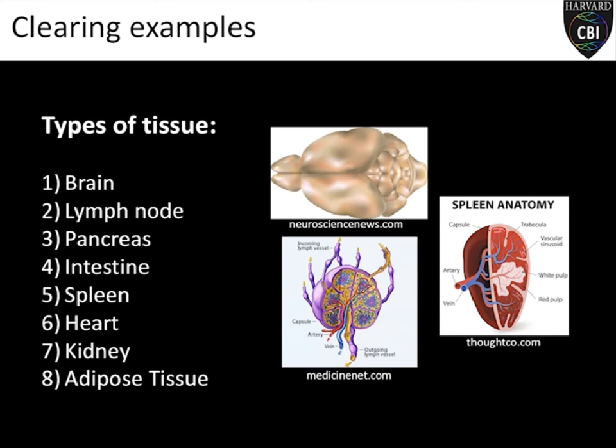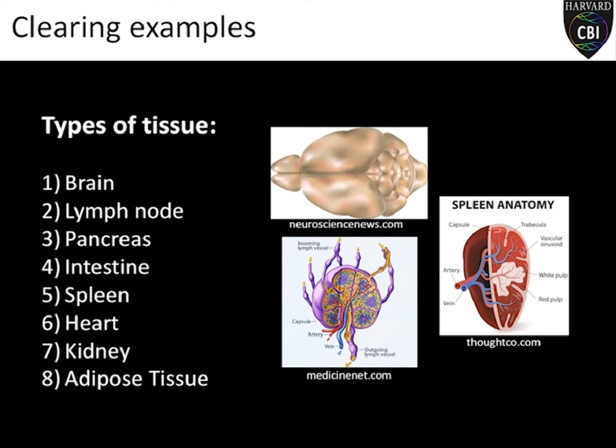Essentially what makes something harder is the presence of absorbing molecules like heme or myoglobin, or pigmented molecules like melanin, or high fat composition.